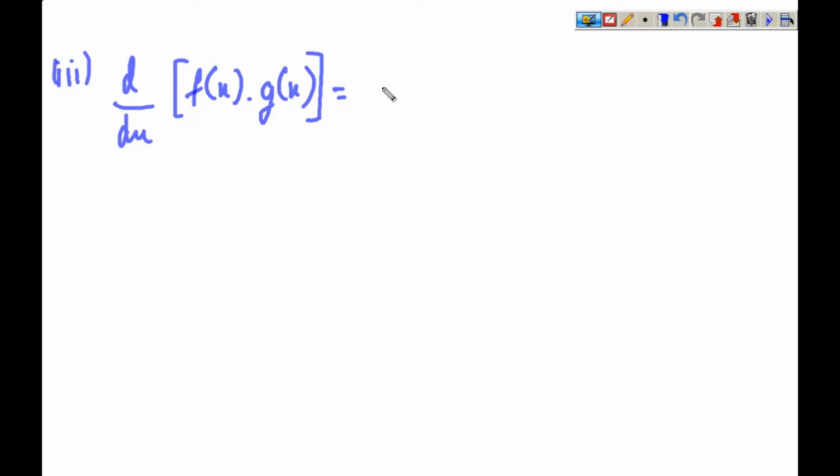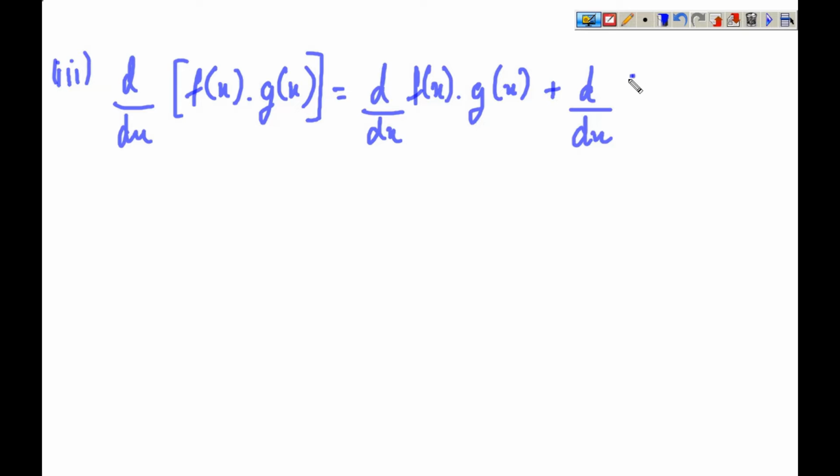And the third one, we have the derivative of a product of two functions, f dot g of x, is equal to the derivative of f of x times g of x plus derivative of g of x times f of x.